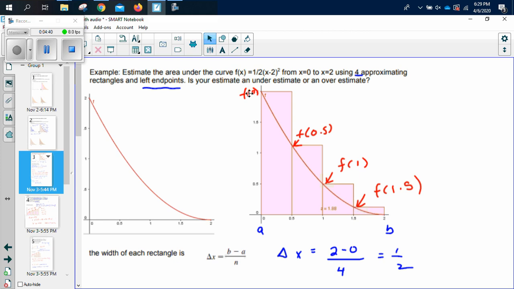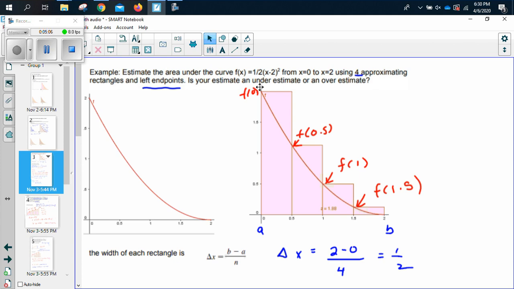Now the height, I'm going to use the left endpoint of the subinterval. If I use the right endpoint, which I'll do in a minute to show you the difference, this first rectangle would only be that tall. Because I can either use the left endpoint or the right endpoint to determine the height of this rectangle. I'm using the left endpoint.